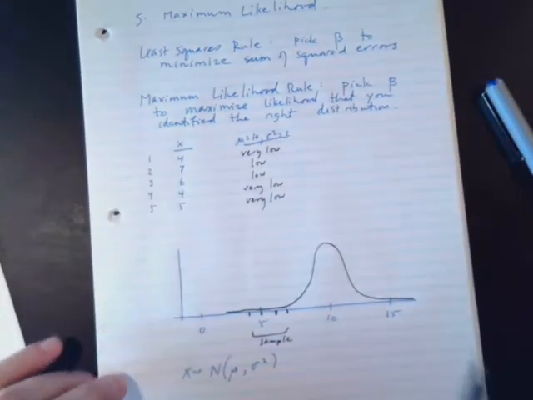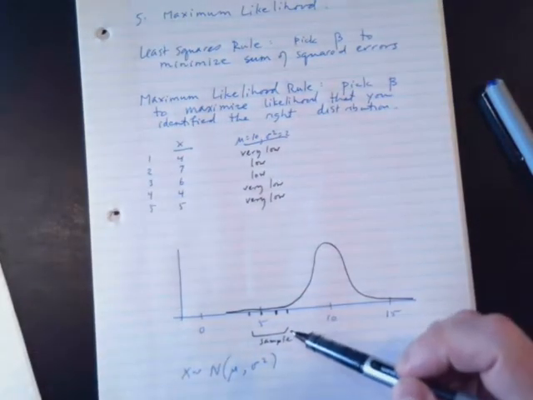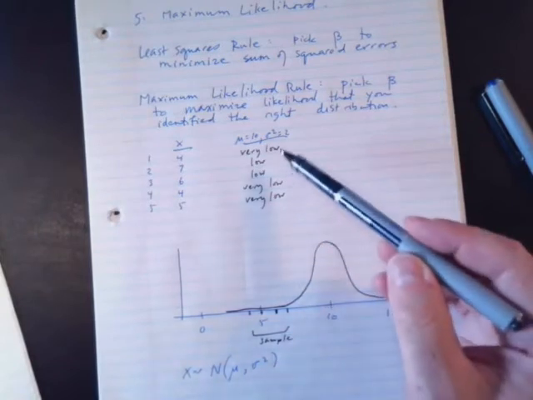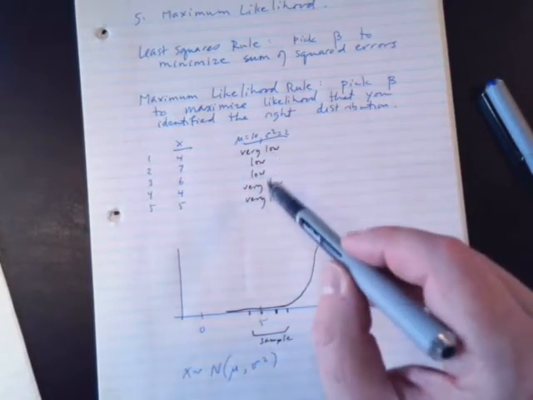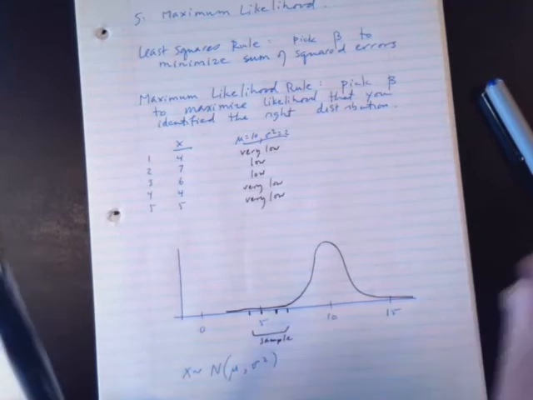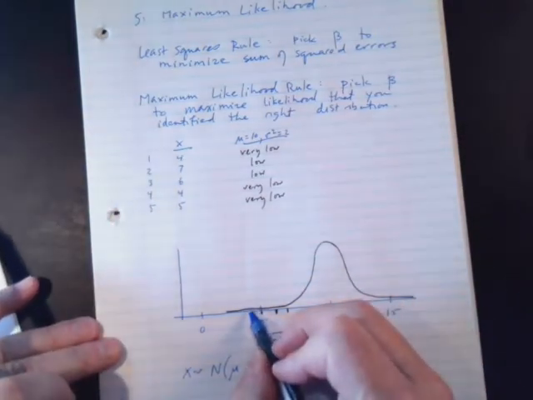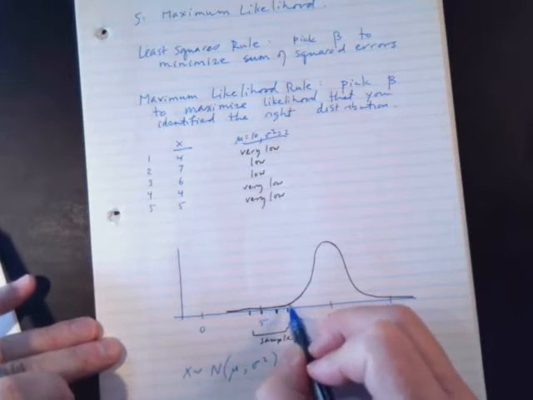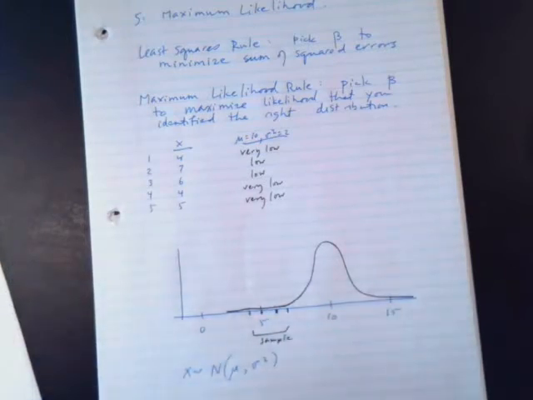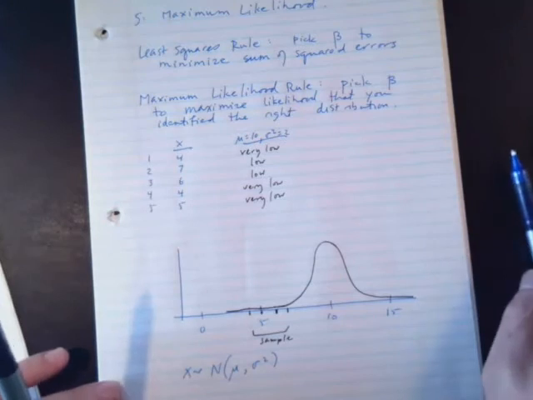Okay, and if I had to come up with an actual measure to quantify what I mean by low, we could use the height of the density function. So the height of the density function here is a measure of the likelihood. It's what we're going to use as our measure of likelihood.